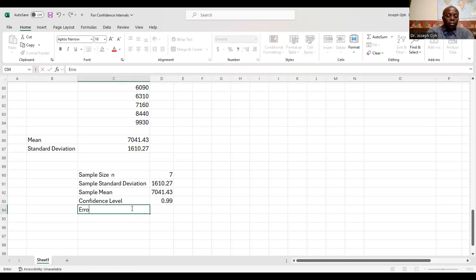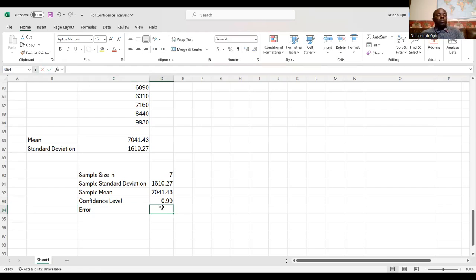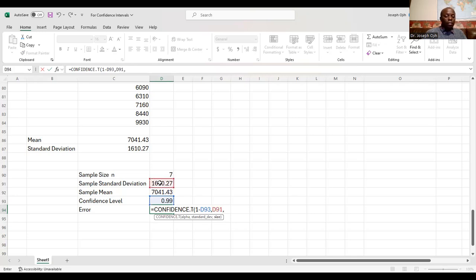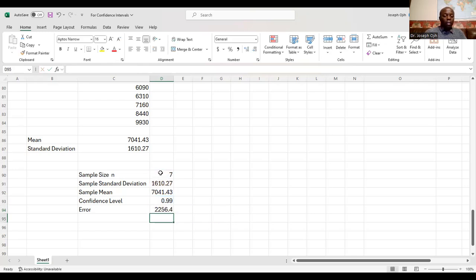So let's find the margin of error. The margin of error equals CONFIDENCE.T. For alpha, do 1 minus the confidence level, comma. The standard deviation is this, comma. Sample size is 7. Close it and press Enter. 2256.4, that's the error.